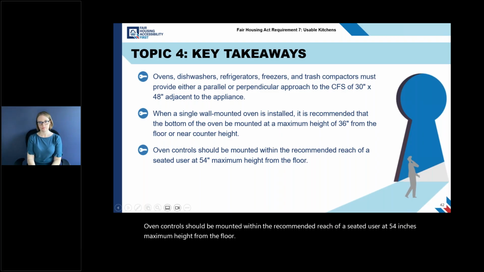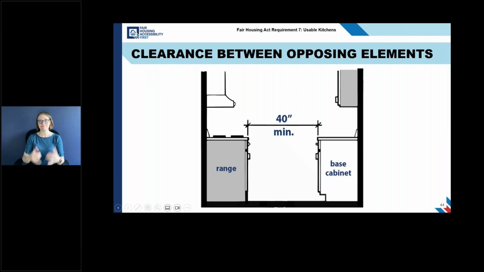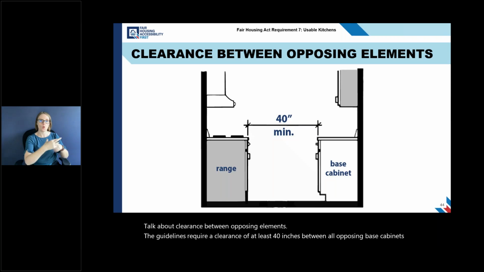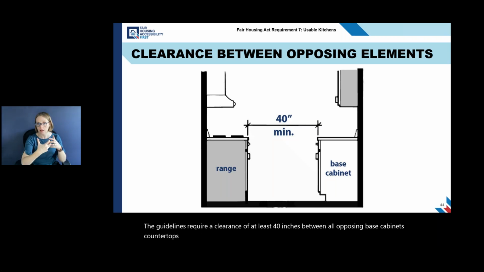And we're going to talk about clearance between opposing elements. The guidelines require a clearance of at least 40 inches between all opposing base cabinets, countertops, appliances, and walls.